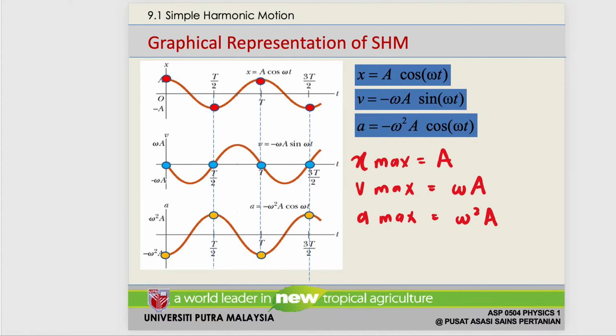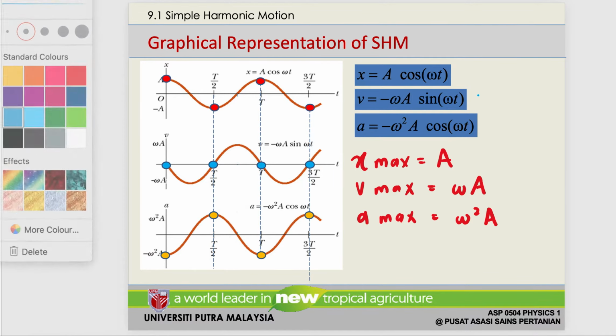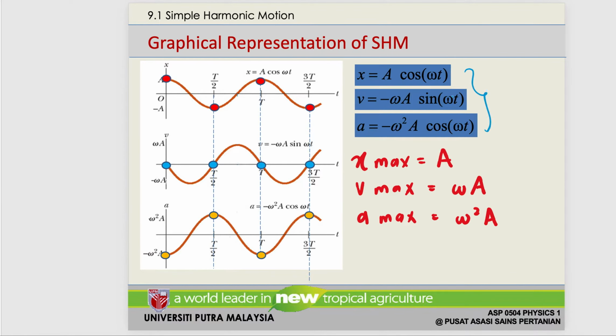So x max is A. The maximum displacement is A, the maximum velocity is omega A, and the maximum acceleration is omega squared A. You get it from these three equations, but you have to make it positive. So this is at A, this is at omega A, and the maximum of acceleration is omega squared A.